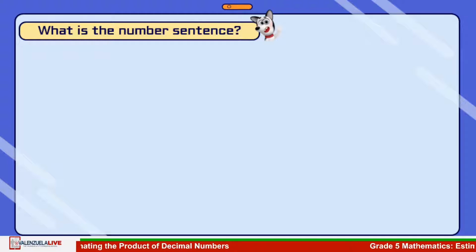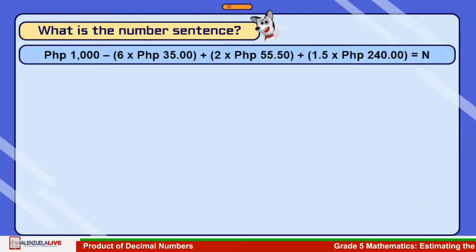Very nice, grade 5. So it is 1,000 minus 6 times 35 pesos plus 2 times 55 pesos and 50 cents plus 1 and 5/10 times 240 pesos is equal to N, where N is the change of Mary May in her 1,000 peso bill.